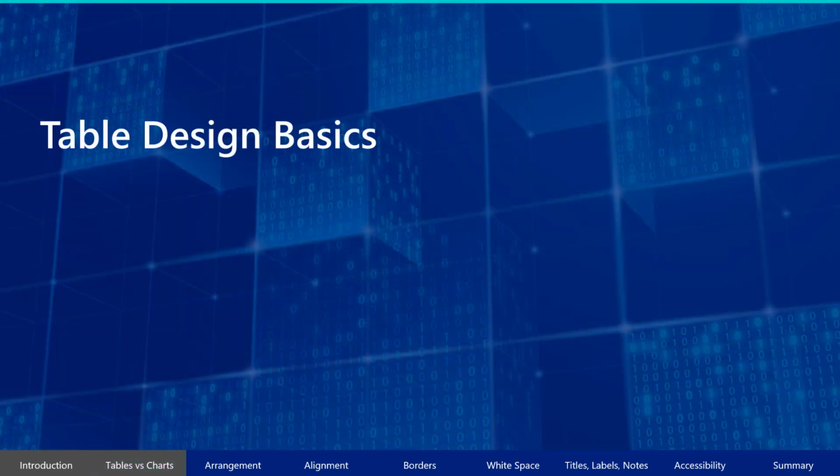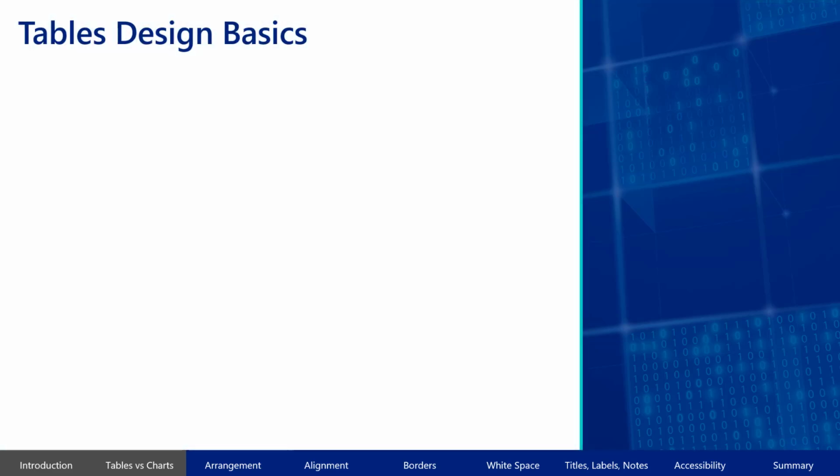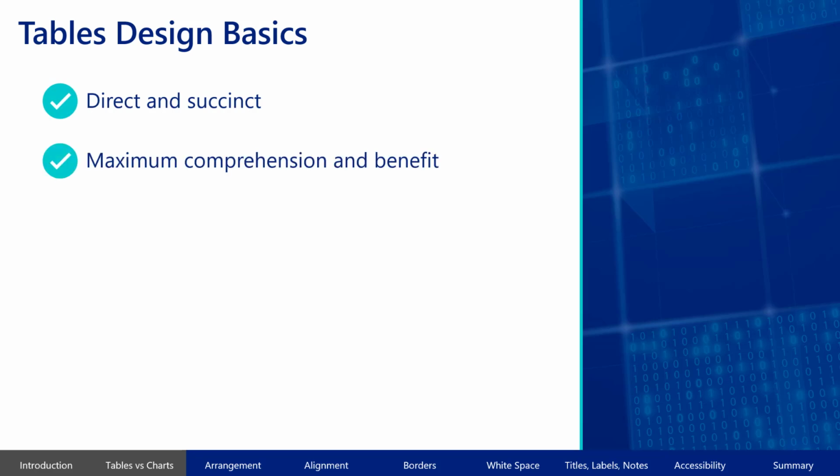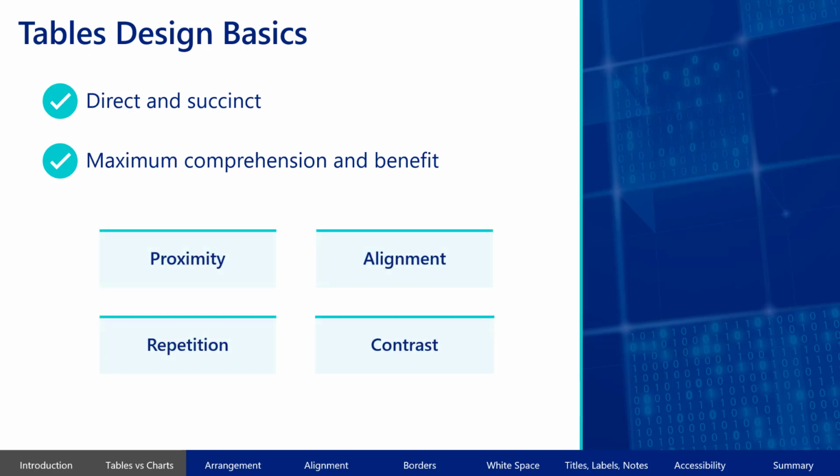Every time you create a table to represent the data, you will need to make certain design decisions to ensure you get the point across in a direct and succinct manner for maximum comprehension and benefit. We've already discussed certain principles of design in the course, Data Visualization Design Basics. However, there are other design principles specific to data tables you should also consider.